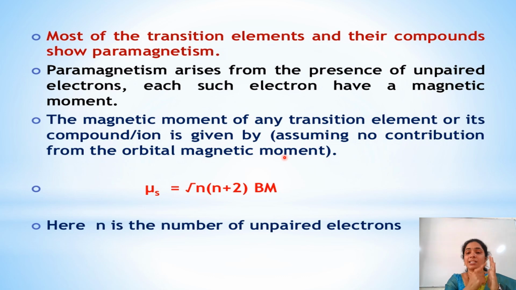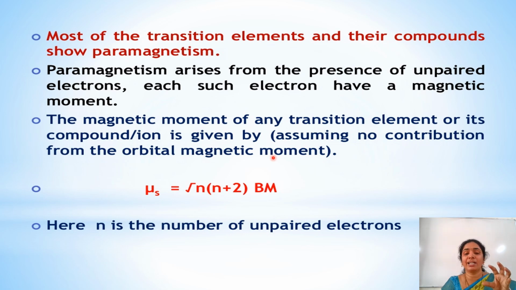Along with that, each electron is not only rotating around the nucleus, it also spins around its own axis, which gives the spin magnetic moment. So to calculate the magnetic moment of any element, we would have to take into consideration both orbital and spin magnetic moment. Here, the orbital magnetic moment contribution is less. That's why we are considering only the spin magnetic moment.